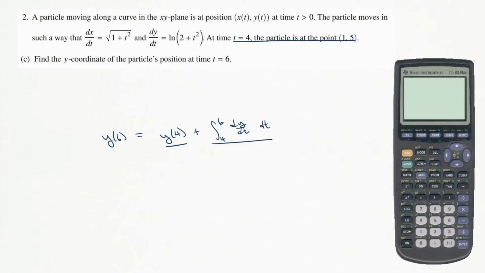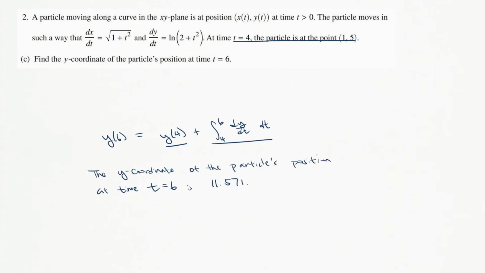So using our calculator, y of 6 can be calculated by doing 5 plus math FNINT of y2 dx from 4 to 6. It comes out to 11.571. So the y-coordinate of the particle's position at time t equals 6 is 11.571.